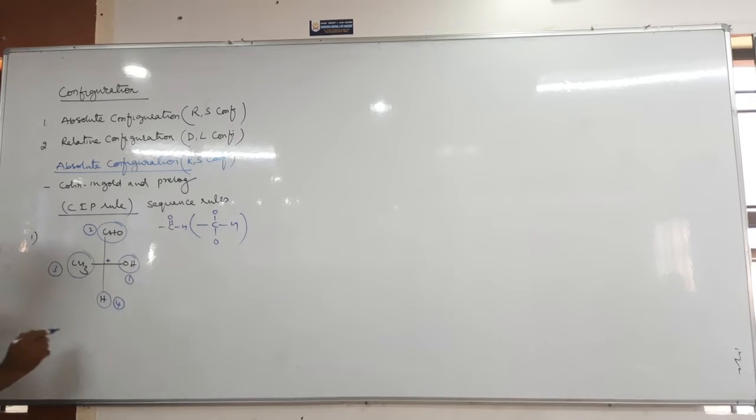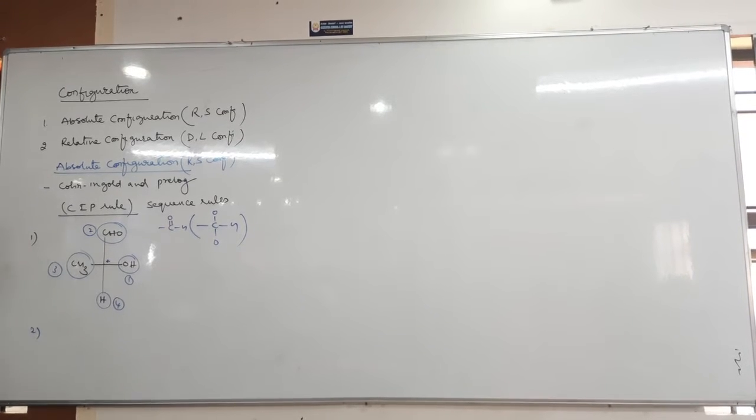Next, second rule. Connect the 1, 2, 3 priority groups.